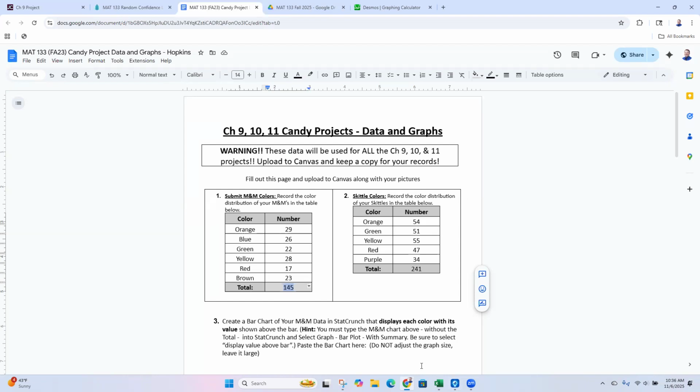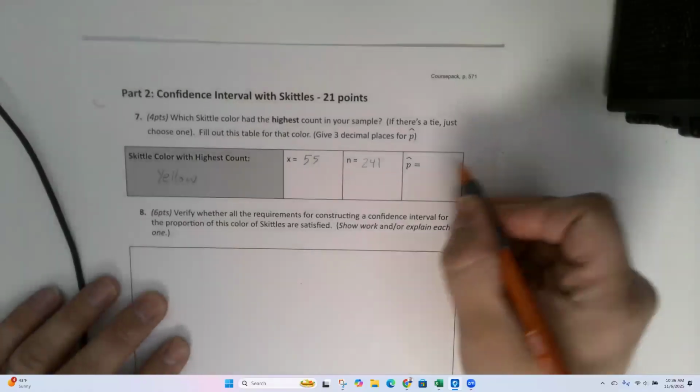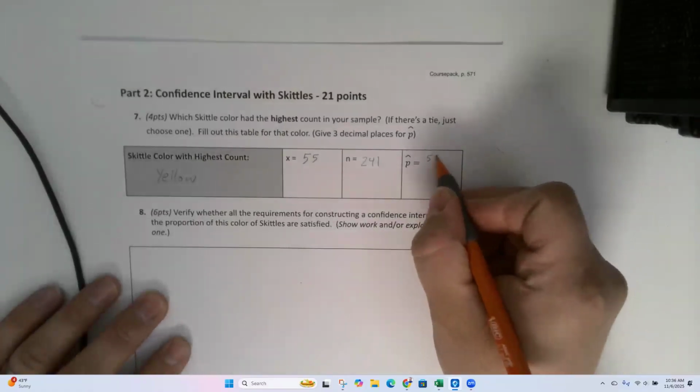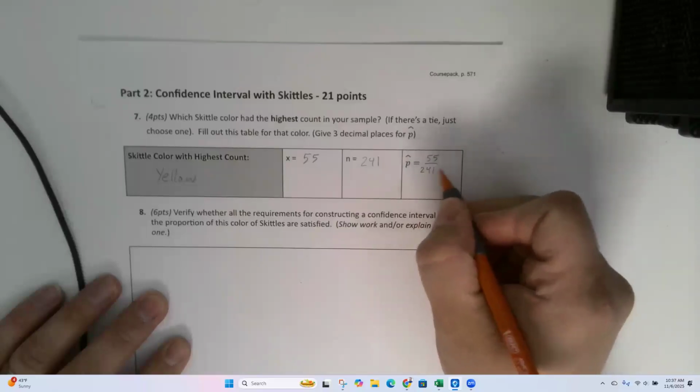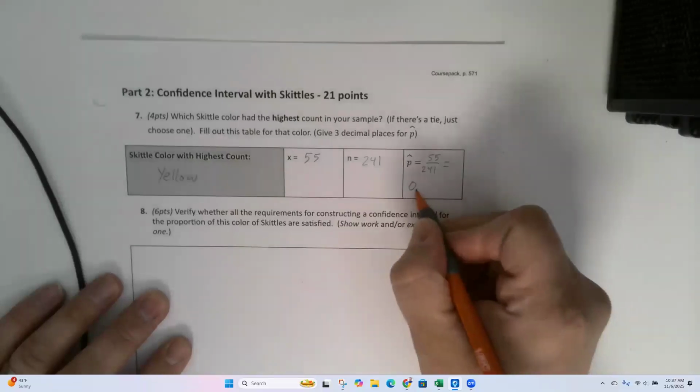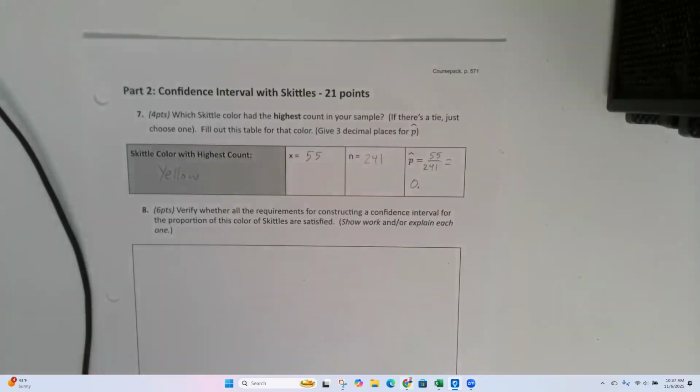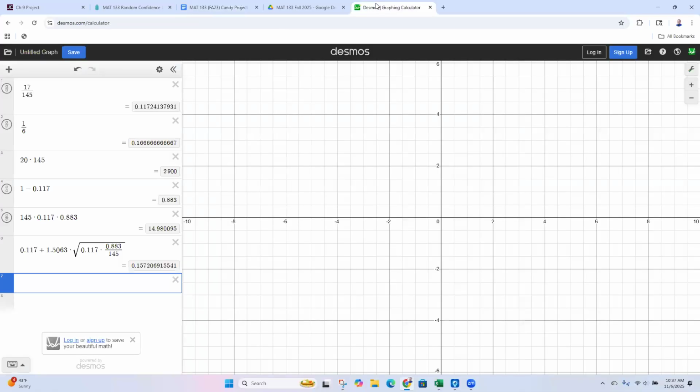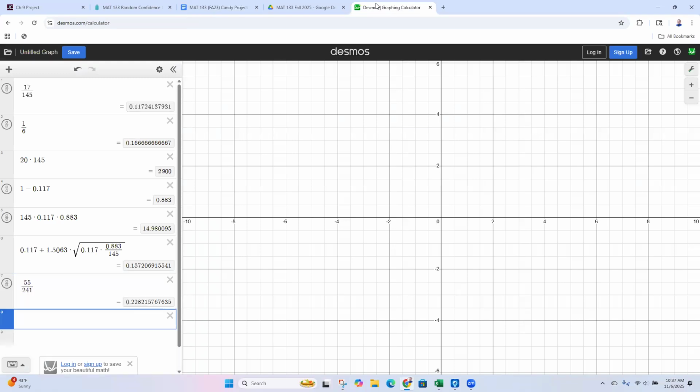My sample size was 241. My X value, I had 55 yellow. So my p-hat is 55 out of 241, which is 0.228.